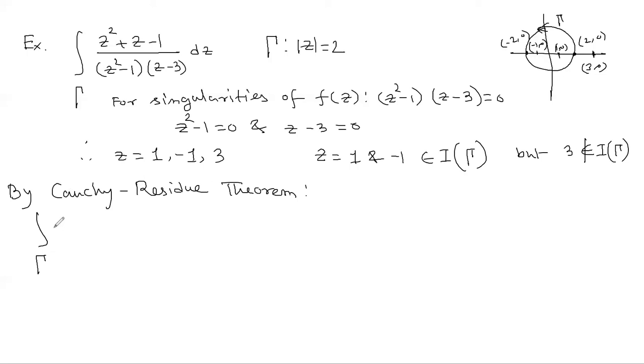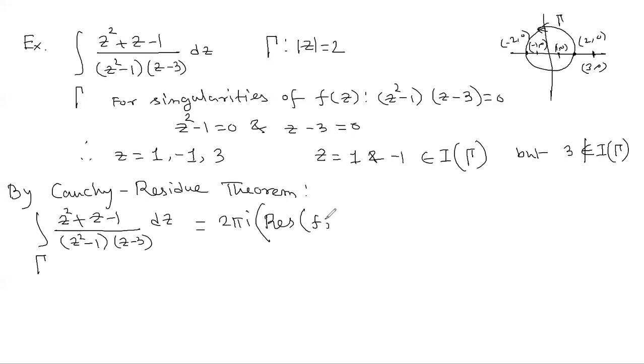integral over gamma of (z² + z − 1) by (z² − 1)(z − 3) dz, that is equal to 2πi times the residue of f at the point 1 plus the residue of f at the point −1, because only 1 and −1, these are the two singularities of the function f(z) which are situated inside gamma.